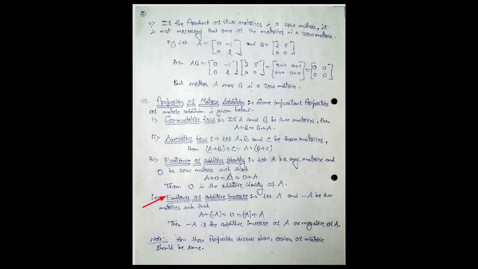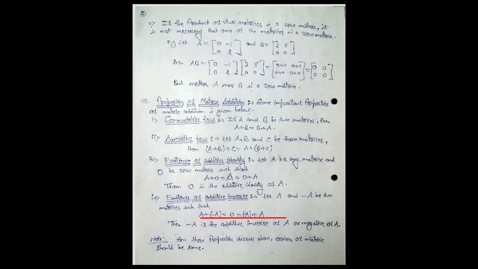Fourth property is existence of additive inverse. If A is any matrix, then the matrix minus A, which on adding with A gives the zero matrix, whether minus A is added from the left side or from the right side.